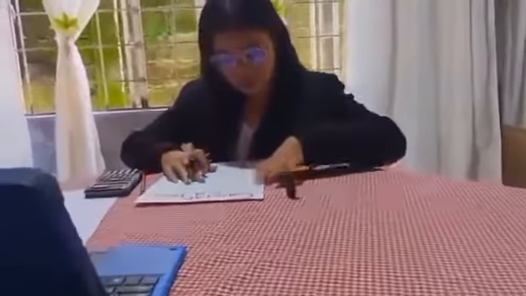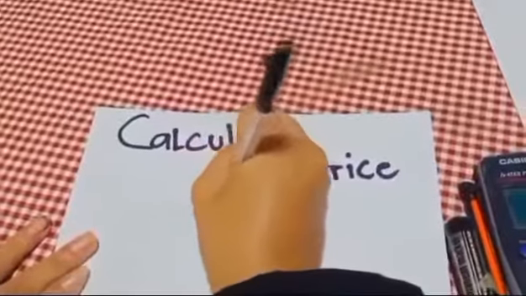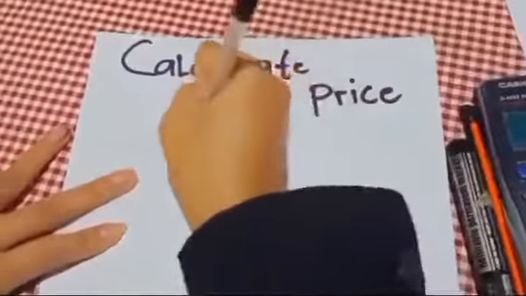In the first step, I'm going to show you how to calculate the cost price of a product. Here is my example. For example, you sold an item at 240 pesos, so that will be your selling price.